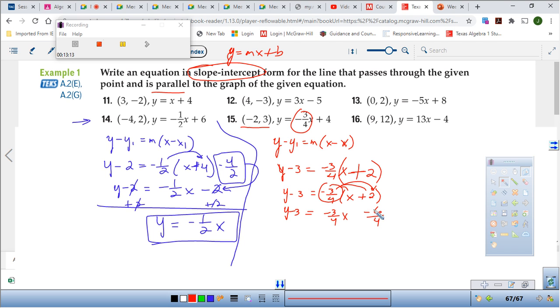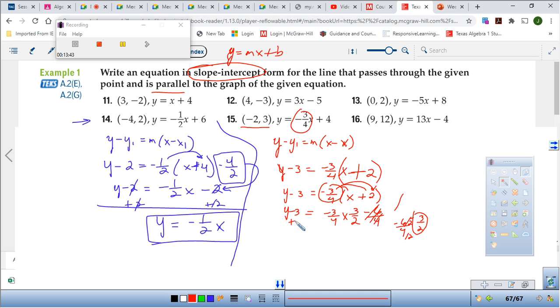But what I don't like, this part right here, I can simplify that. Negative 6 over 4, divide them both by 2, becomes a negative 3/2. So this part, I would not write that down. I would write a negative 3/2.